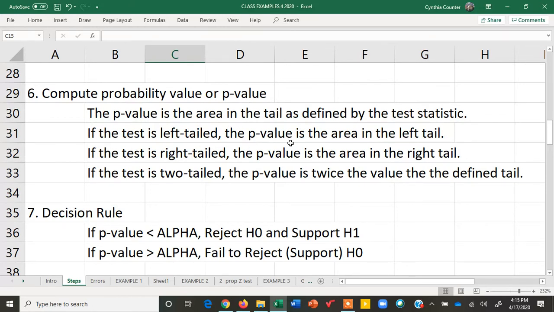If the test is left-tailed, then the p-value is the area in the left tail as defined by our sample statistic or test statistic, depending on what we're using. And if the test is right-tailed, the p-value is the area in the right tail as defined by our sample statistic. If it's two-tailed, then we find the area in the tail defined by that statistic and then double it.